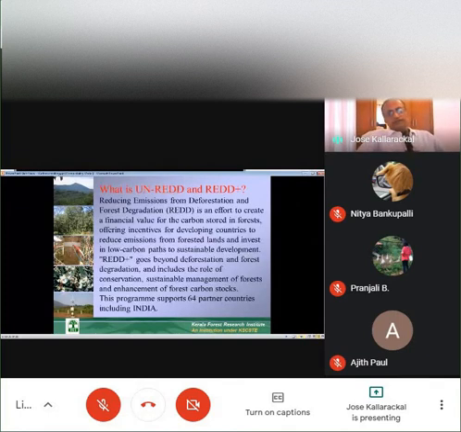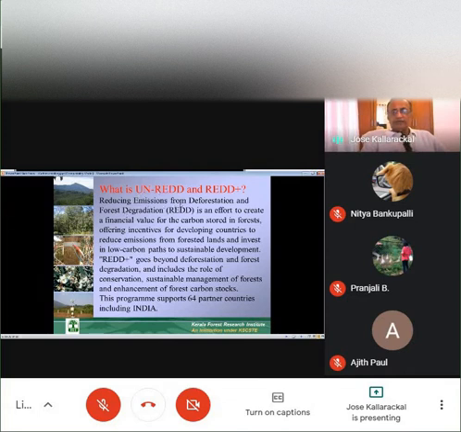Now in this one, we should know about two things, UN REDD and REDD Plus. Now what is this REDD? That is UN, of course, United Nations. Reducing emissions from deforestation and forest degradation. That is REDD.